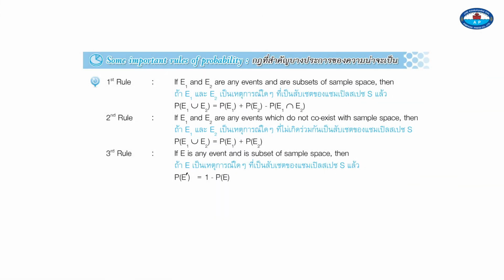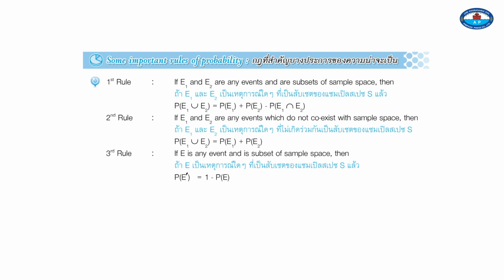Some important rules of probability. First rule: if E1 and E2 are any events and are subsets of the sample space, then P(E1 union E2) equals P(E1) plus P(E2) minus P(E1 intersect E2).